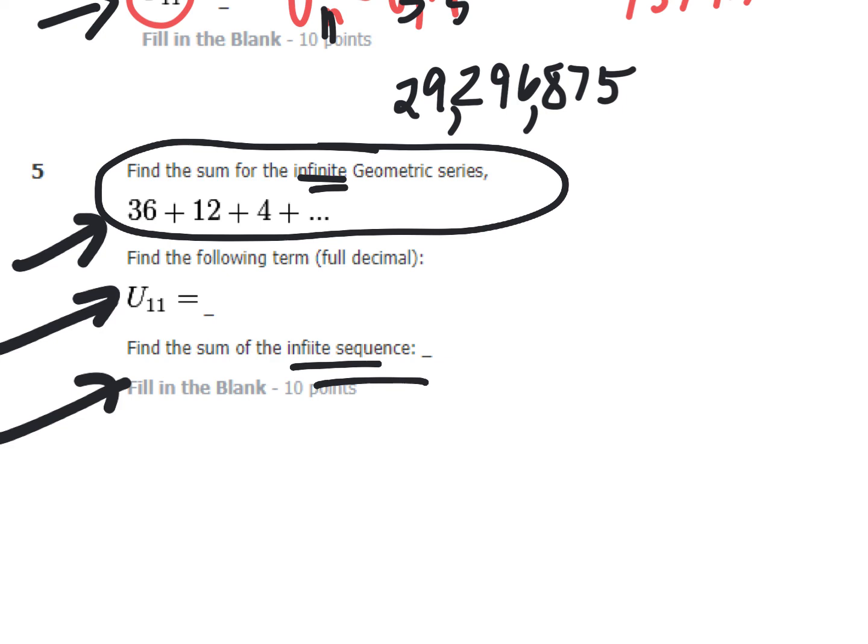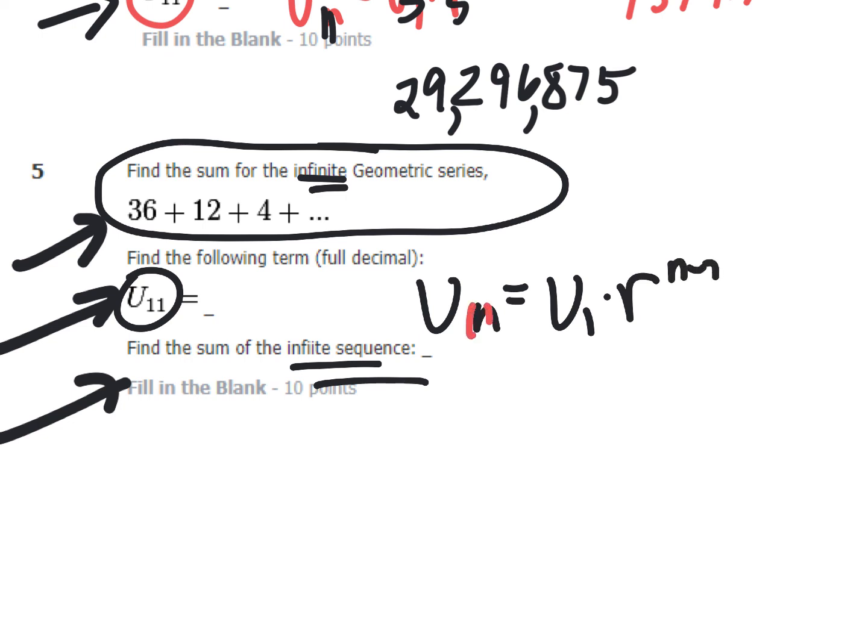First, we got to figure out u sub 11 for geometric, and that's going to be u sub n equals u sub 1 times r to the n minus 1. I'm going to put in my numbers.